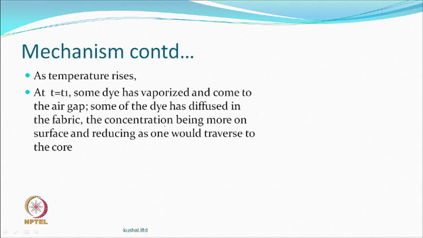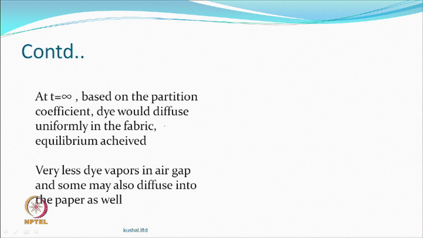So, at t is equal to infinity, what happens? At t is equal to infinity, it is based on the partition coefficient. Now, all the affinity forces would be working, and the molecular size and the temperature will also be working.